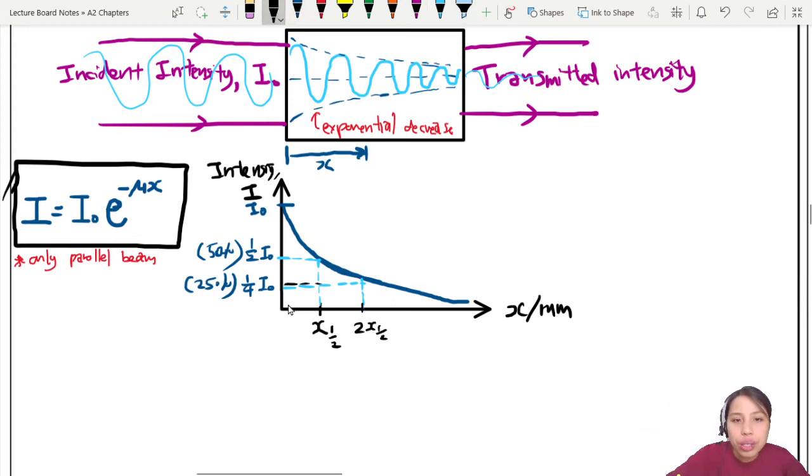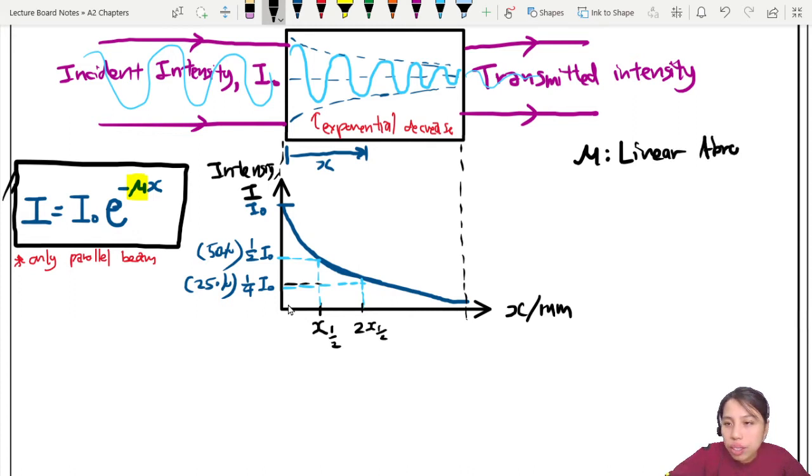So let's draw some dotted lines to show that this corresponds to this diagram up here. Okay, so what is the mu? This mu, this Greek letter, has a very important meaning. This mu is what we call the linear absorption coefficient. Linear because it is a parallel beam.